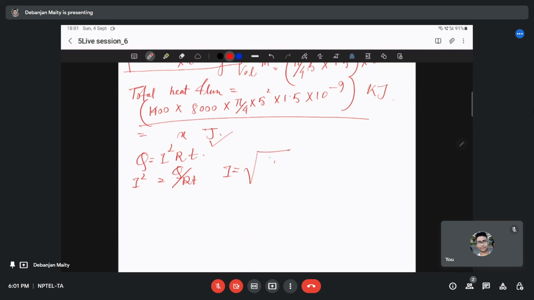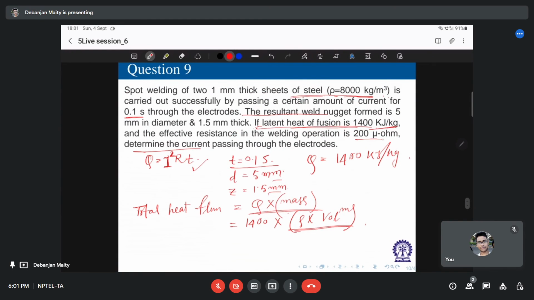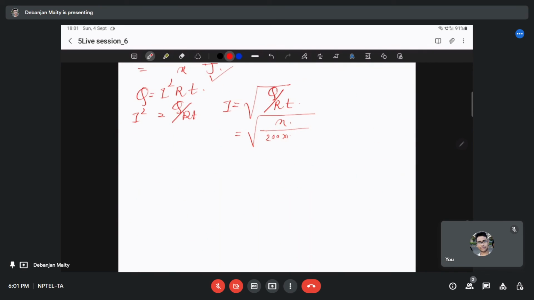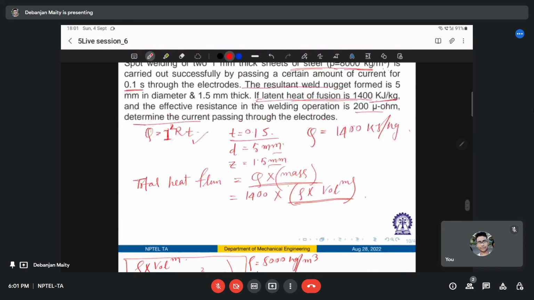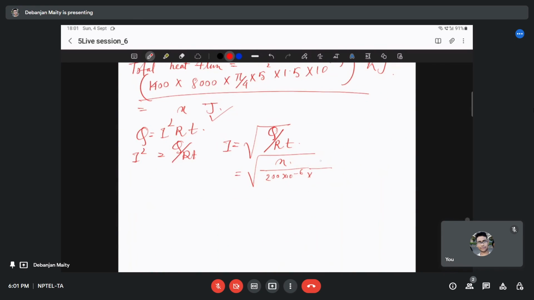If your Q is x joule, R value is given as 200 micro ohm, and your t value is given as 0.1, and the answer will be in ampere.